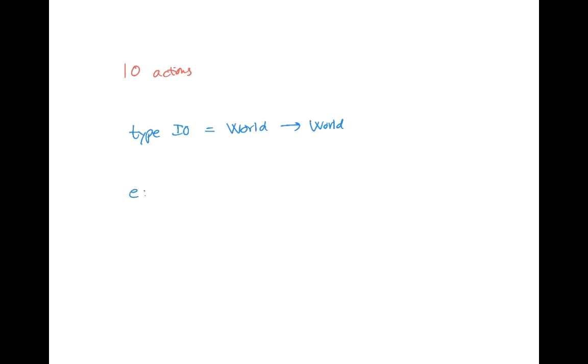If E has type I/O, then E is called an action, and actions can be composed.